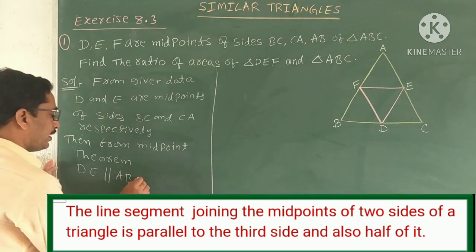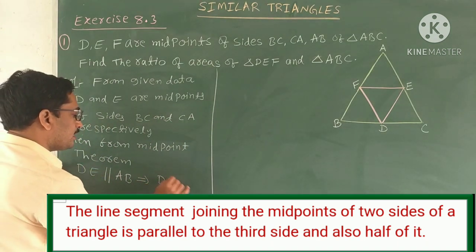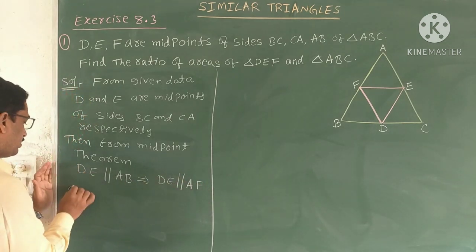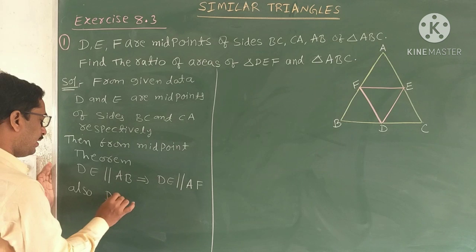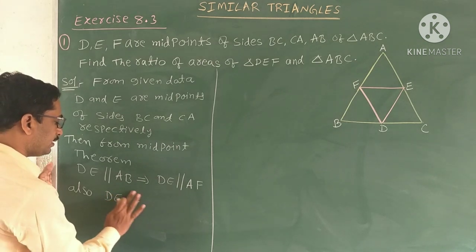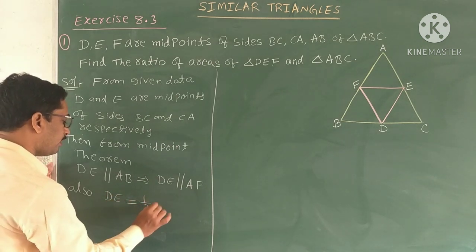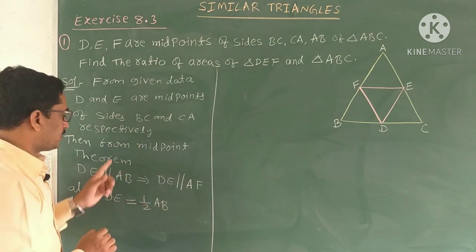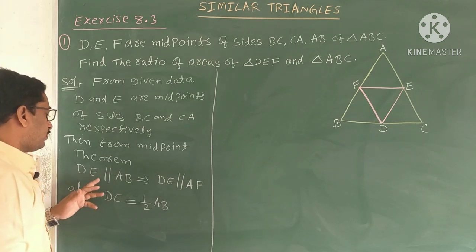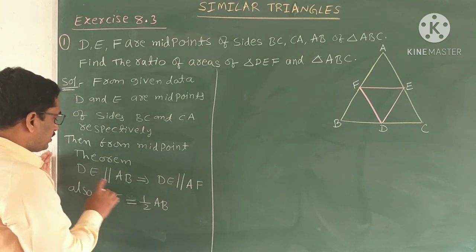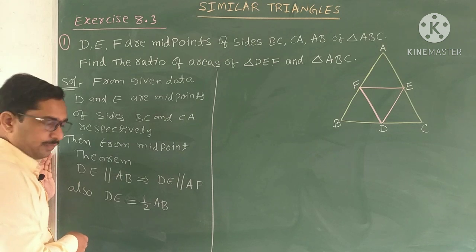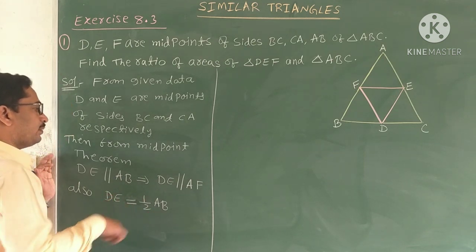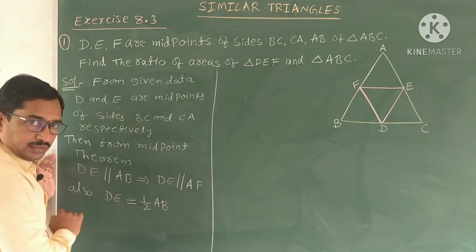So DE parallel to AB, then DE is also parallel to AF, and also the length of DE equals half of the length of AB. Now this is from midpoint theorem. Or from converse of basic proportionality theorem also we conclude DE parallel to AB, but we need one more result, DE is equal to half of AB. So here I use the concept of midpoint theorem.